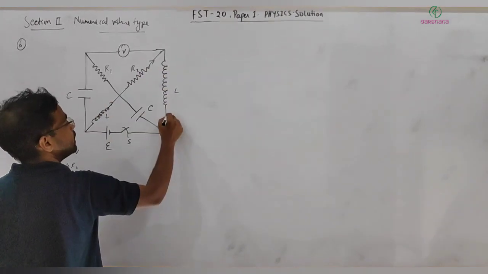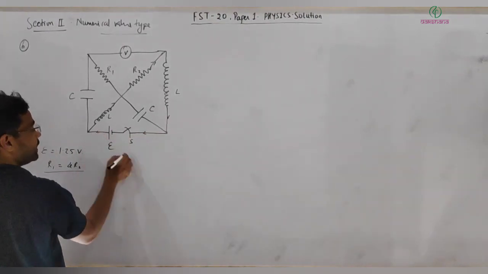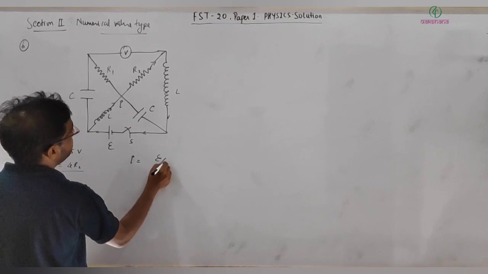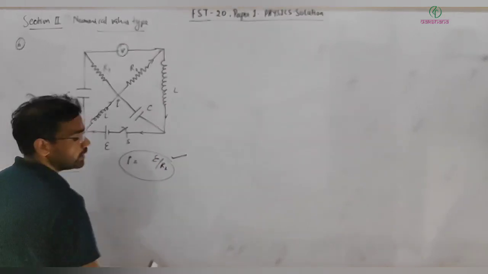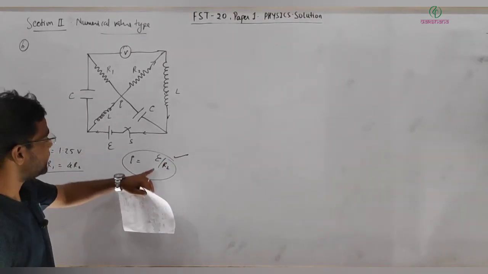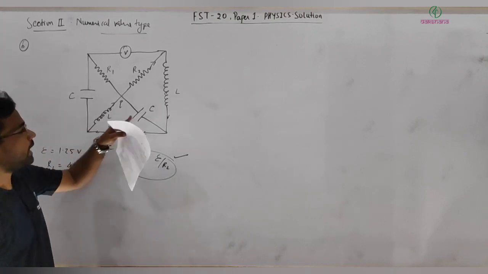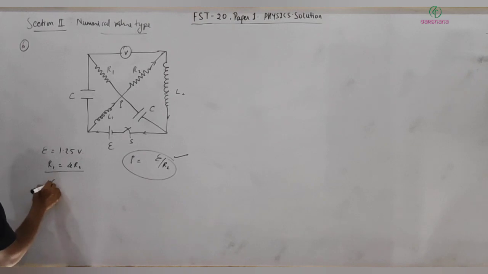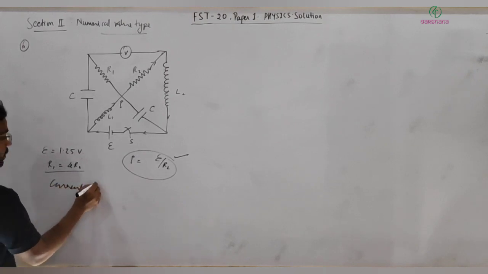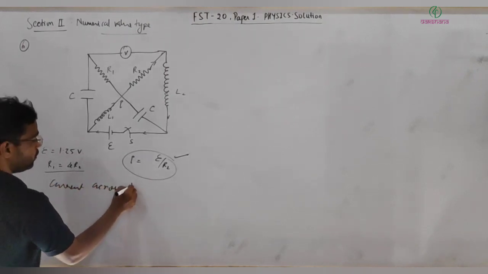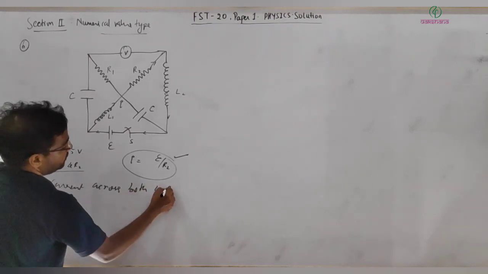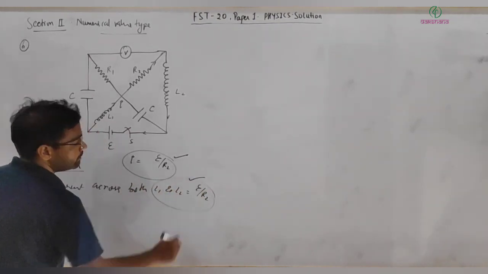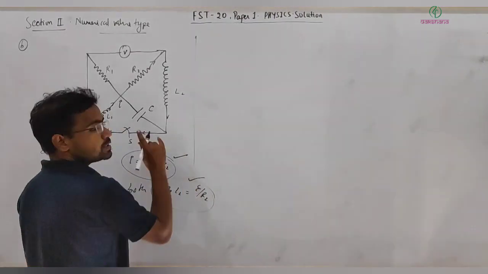This way current will be flowing, and we can write that current I. So I is given by E divided by R2, correct? And remember that this current will be across the inductors. If I'm writing L1 and L2, the current across both L1 and L2 will be equal to E by R2. Remember that.